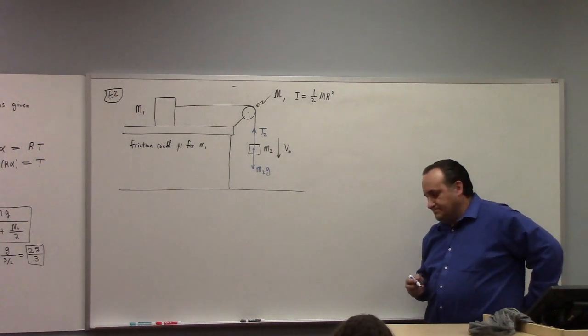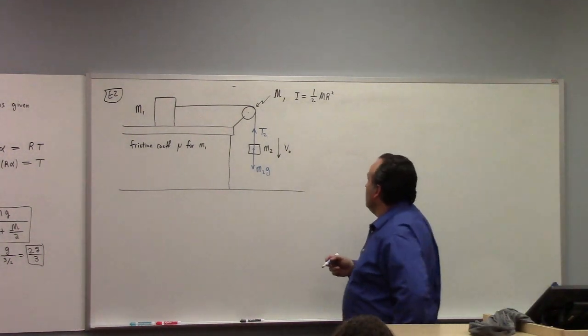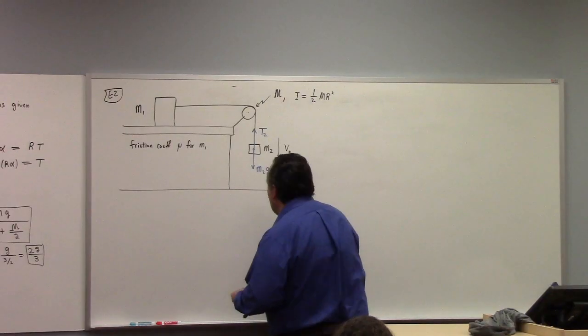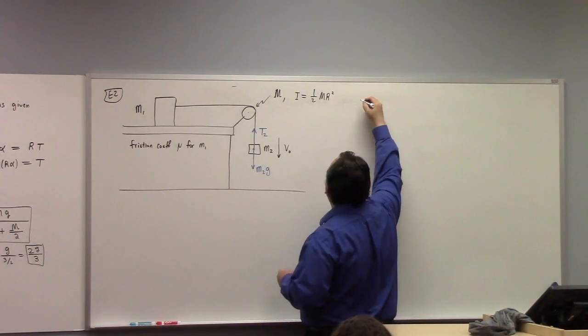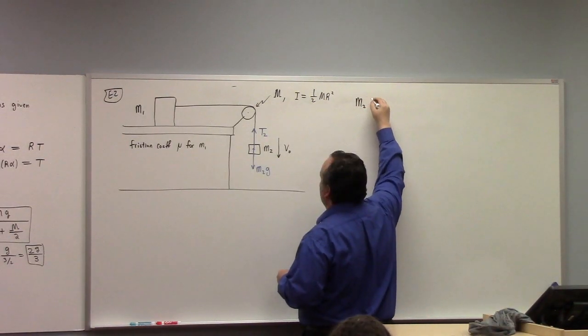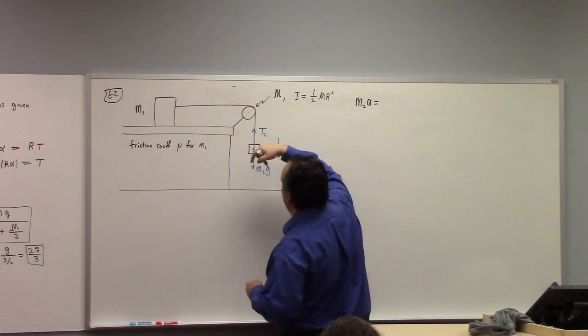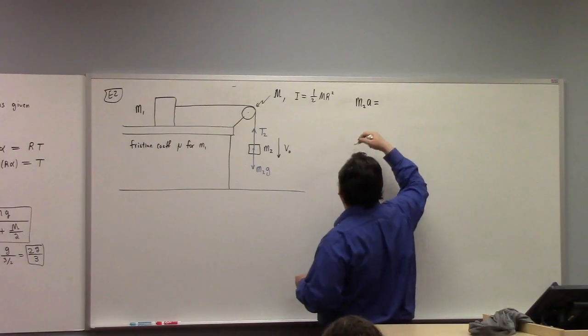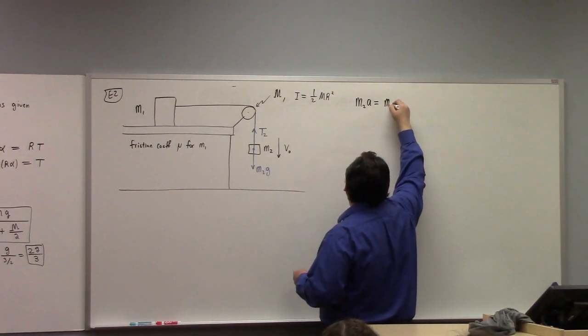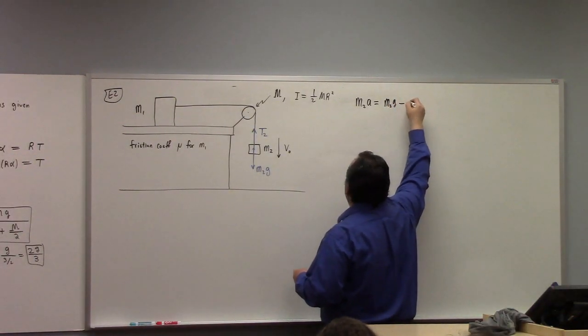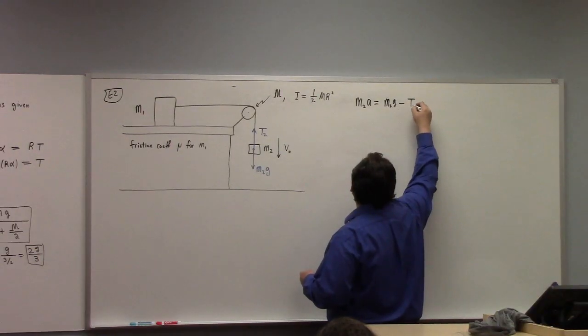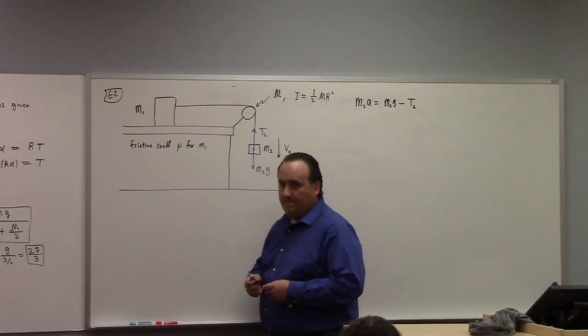So this gives me Newton's second law: M2A is equal to, I'm going to take the motion to be this way, to be positive, all right? So M2G minus T2. I think that's it, right, for M2.